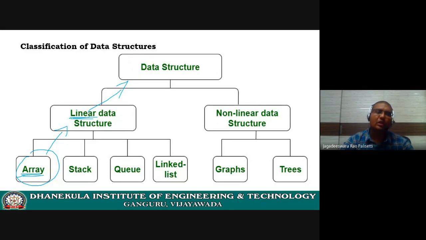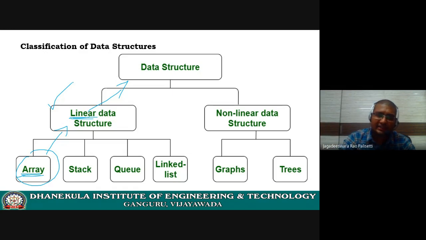So what is the constraint to implement a linear data structure? Again, I'm repeating my question. What is the condition that needs to be followed while you are implementing a linear data structure? The answer is, in order to implement array, stack, queue, or linked list.